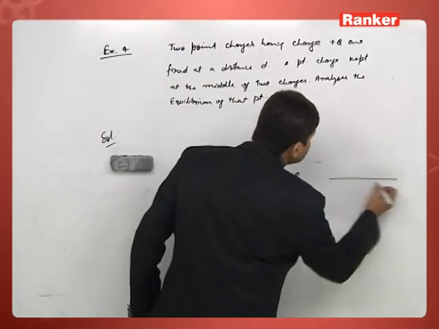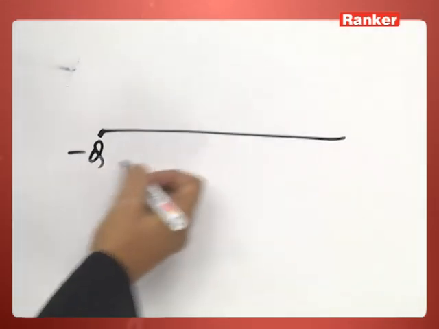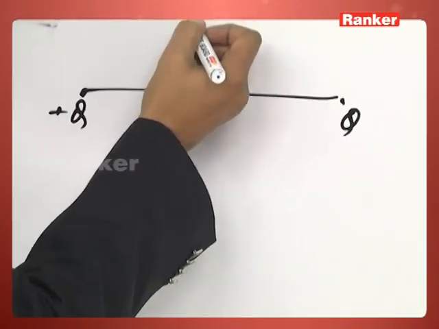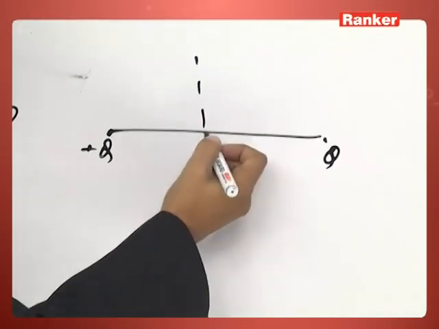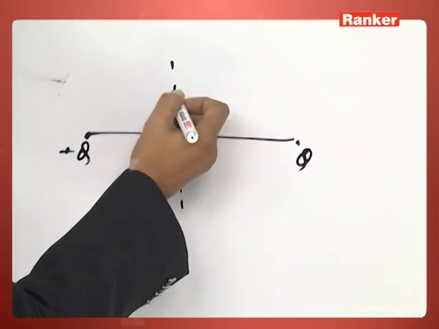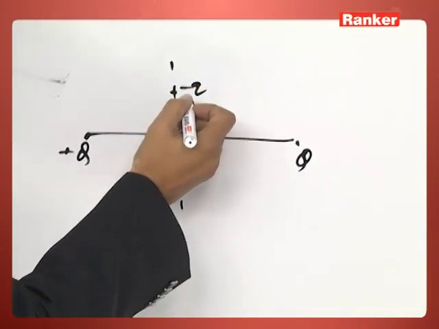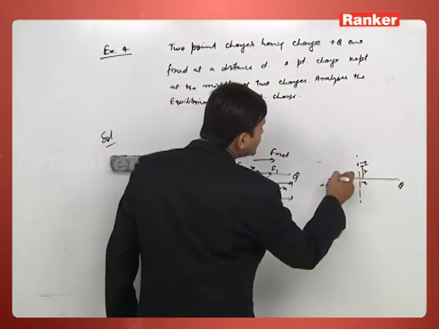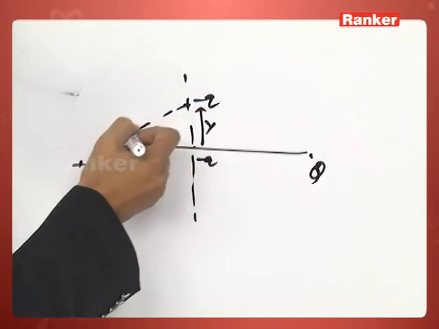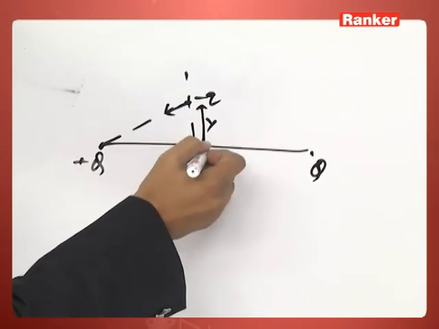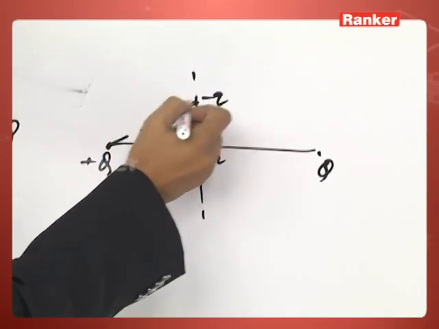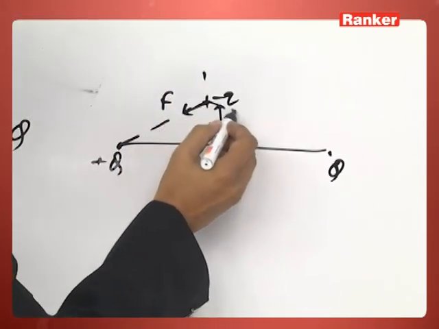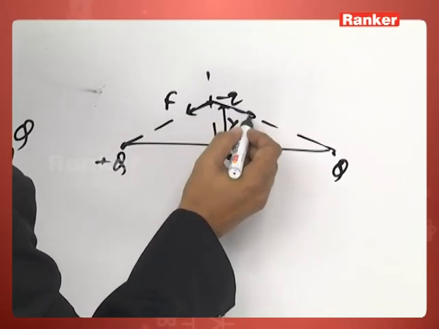Similarly, if the charge is displaced perpendicular to the line joining the two charges, suppose the negative charge is displaced here, and y is the displacement, then see the important point here. The displacement is upward. Since this is positive and this is negative, the force of attraction is like this.